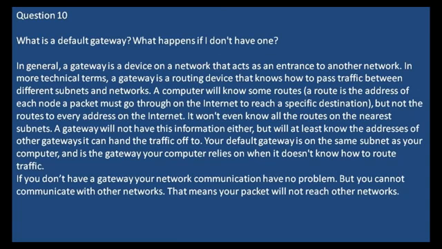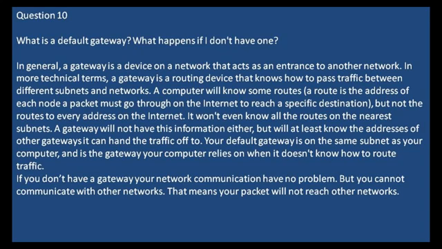Question number 10. What is a default gateway? What happens if I don't have one? In general, a gateway is a device on a network that acts as an entrance to another network. In more technical terms, a gateway is a routing device that knows how to pass traffic between different subnets and networks. A computer will know some routes.